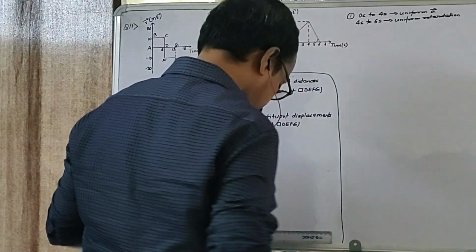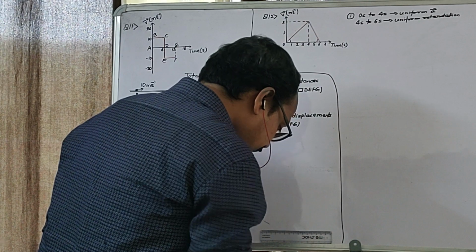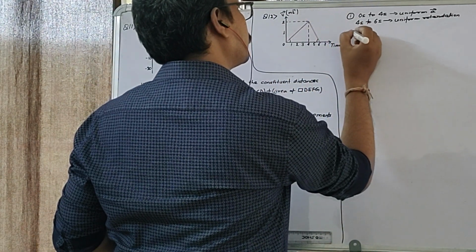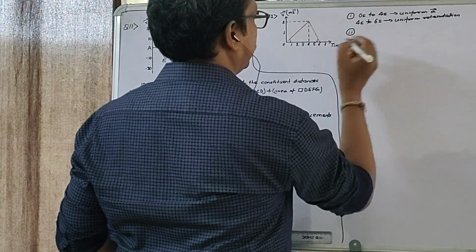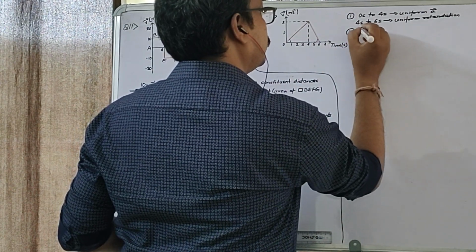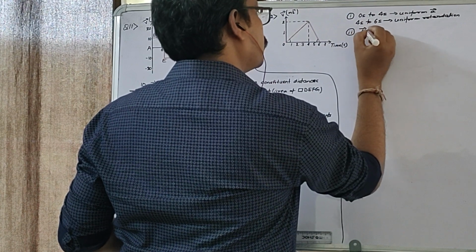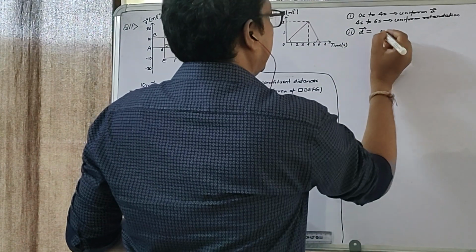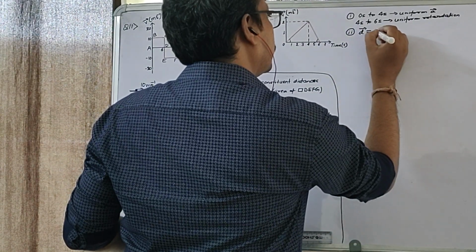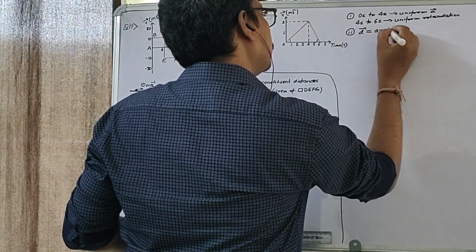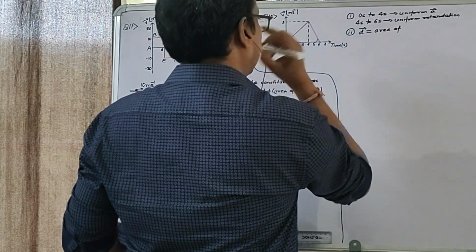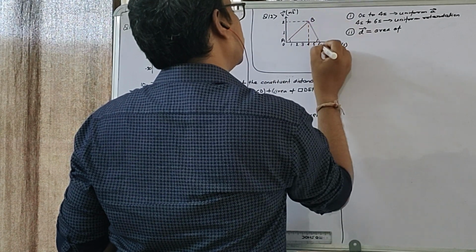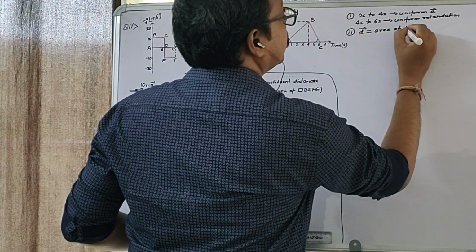Now the second part: find the displacement of the particle at t equal to 6 second. Can we find this out? Yes, we can. Displacement we can find by the area of triangle ABC.